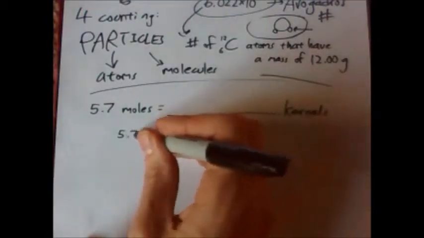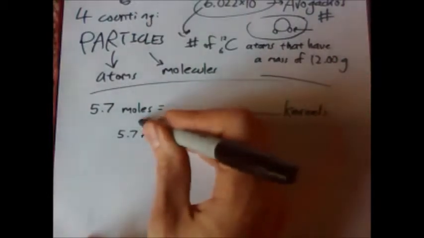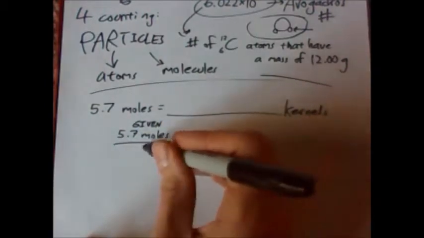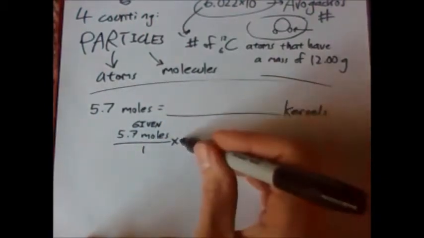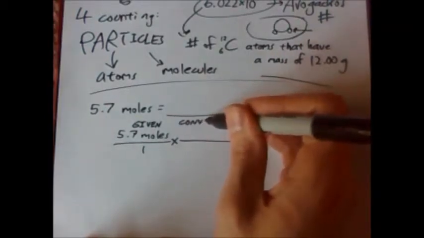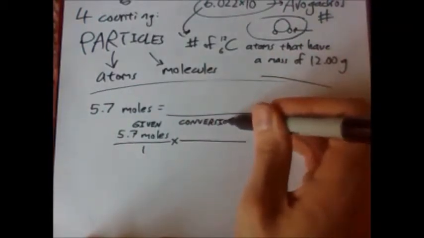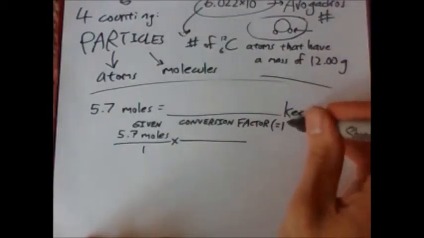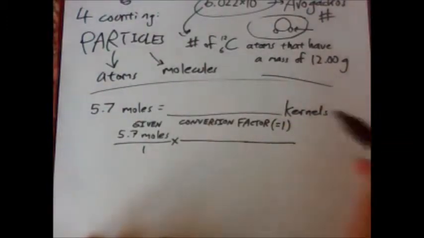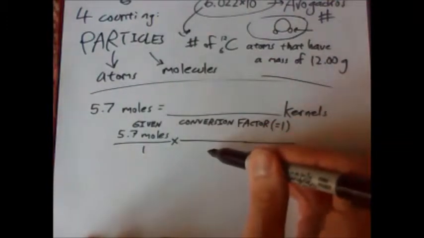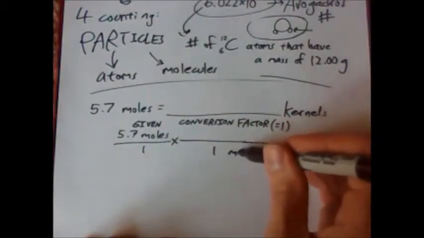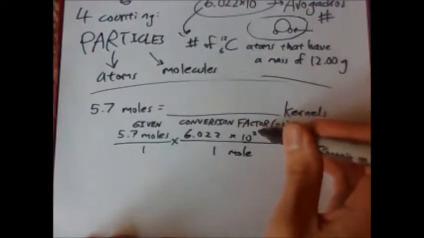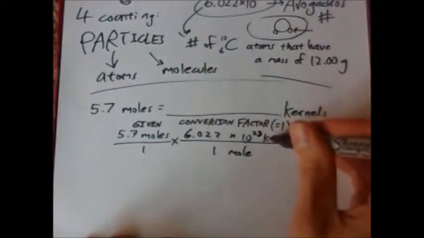Here's how we do it. We take what we're given. It's always the correct place to start when we're doing conversions. We take the given and multiply it by a conversion factor. Now remember, that conversion factor has to be equal to 1, so whatever's on top here has to be equal to what's on the bottom, and we know that 1 mole is equal to 6.022 times 10 to the 23rd kernels.